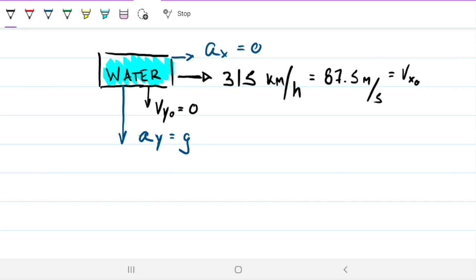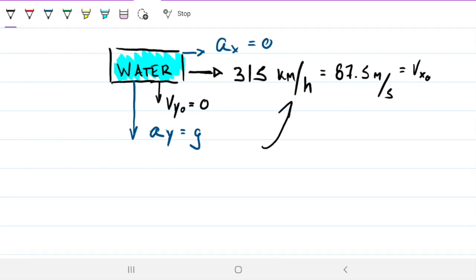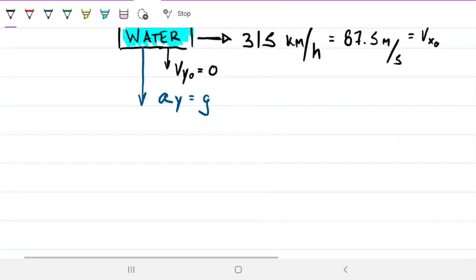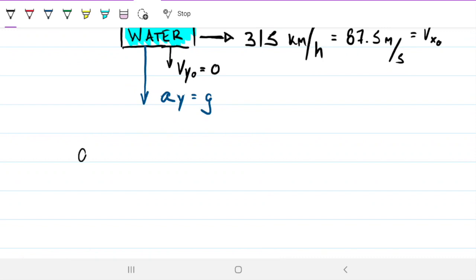So how are we going to solve this? I'm first going to find out how long it takes for the water to reach the ground. Once I have that, I can apply that time to the horizontal distance traveled. Let's do the basics. Acceleration is how the velocity changes with time.